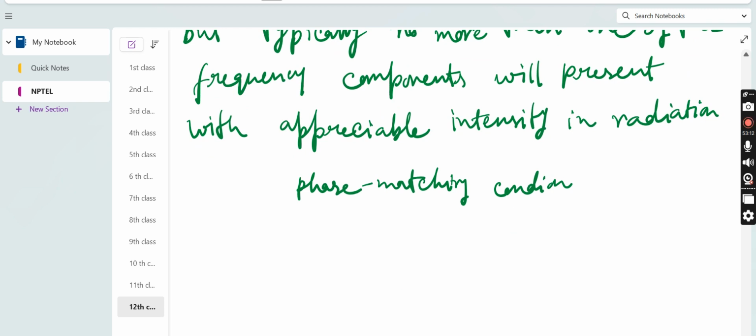This condition can be satisfied for only one component at a time.